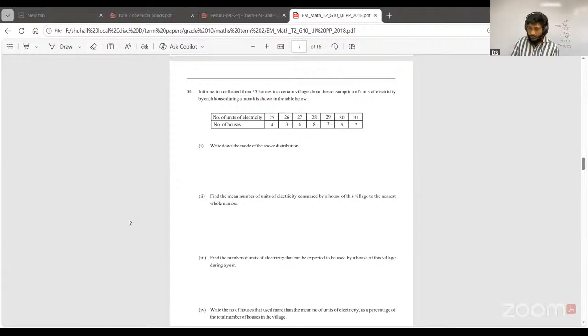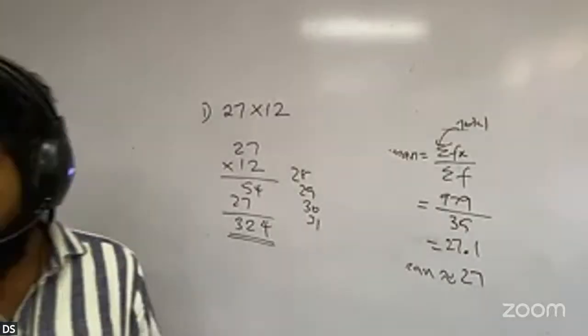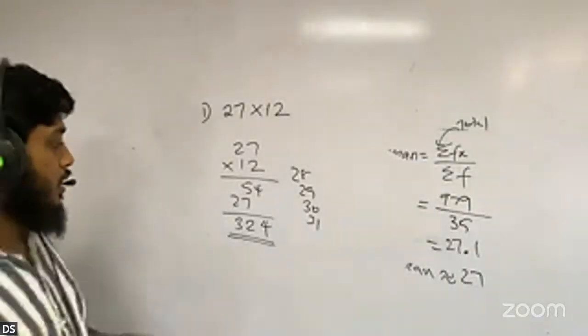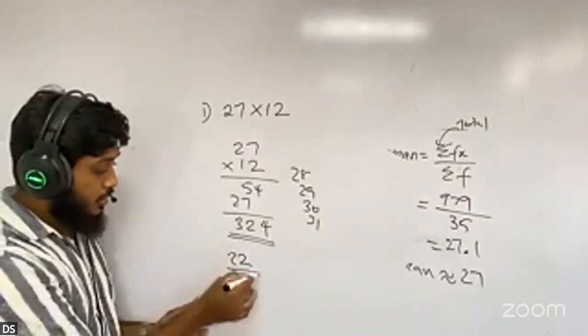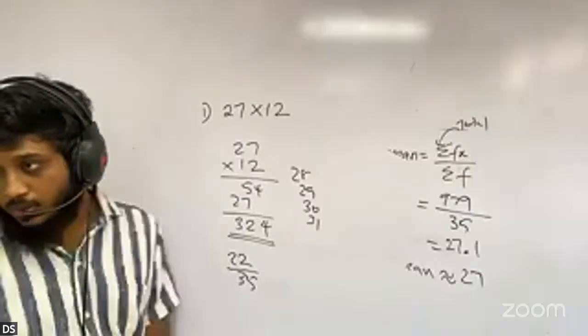Altogether, 8 and 7, 15. 15 and 5, 20. 20 and 2, 22. They have asked this as a percentage of the total number of houses. So there are 22 houses out of a total of 35 houses. You should write 22 houses out of 35 houses.